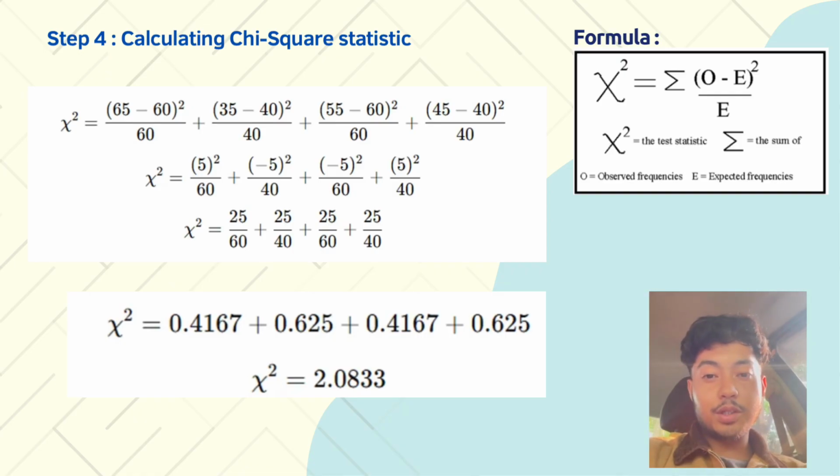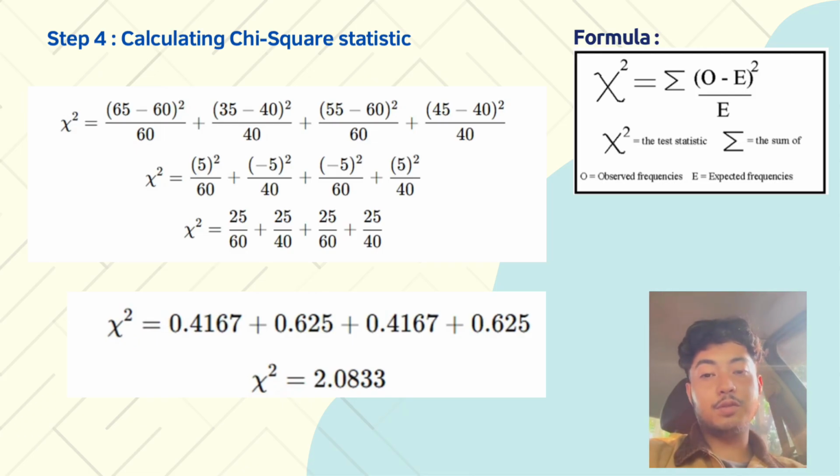The formula shown in the slide presentation is χ², the test statistic, equal to the sum of observed frequency minus expected frequency, to the power of 2, divided by expected frequency. So all of the data that we get from the observed frequency table and expected frequency table will be filled in the formula.